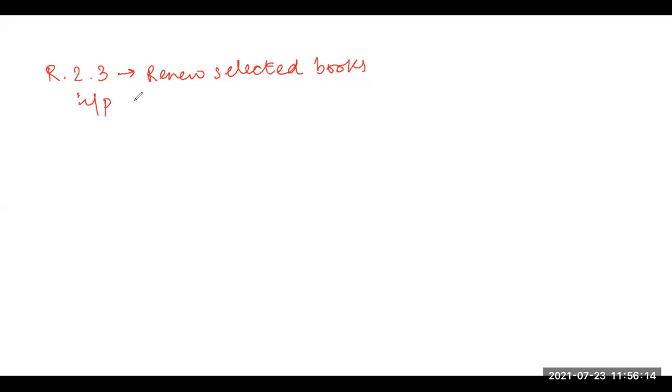The input can be the user choice for the books which he wants to renew out of the books borrowed by him, right? And the output is the confirmation of the books successfully renewed and a message for the books which cannot be renewed, right?